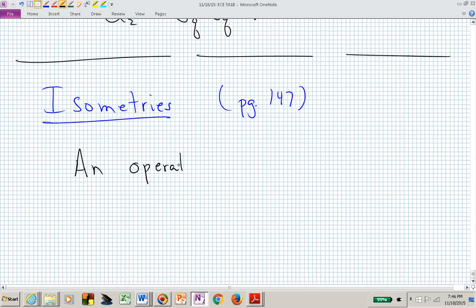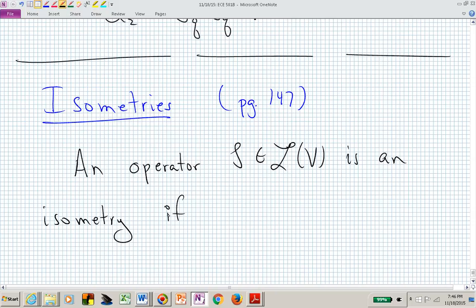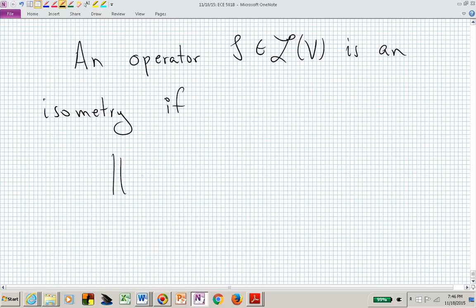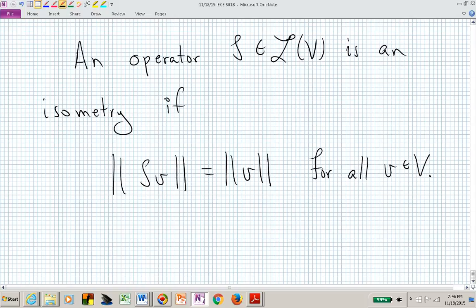An operator S, a linear operator on this vector space V, is an isometry if the norm of S operating on a vector V is the same as the norm of that vector V, and that's true for all vectors V in our vector space capital V. If we have an operator S that satisfies this norm condition, then we call that an isometry.